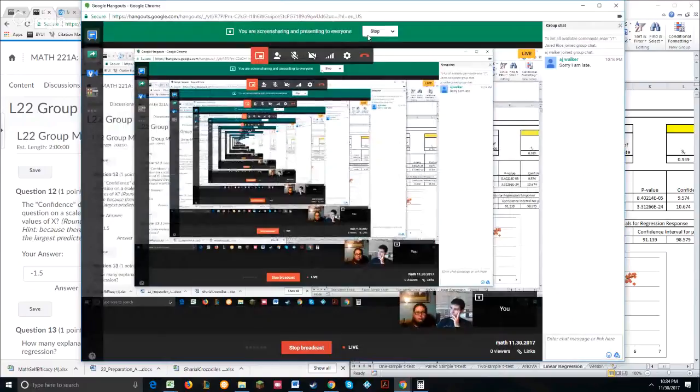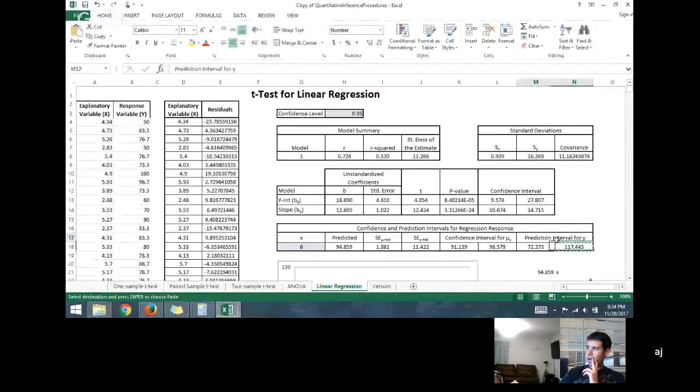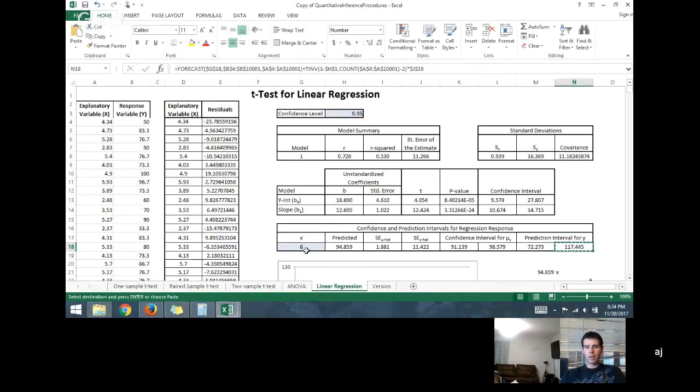Screen share full screen. Oh yeah, I see it. Predicted interval for Y. Here, right here, this predicted interval for Y. Oh. So what did you change X to? I didn't. It already has X as 6 in here. I don't know if that did it on its own or not. But I think this is pulling data from what we already entered over here in the X and Y.